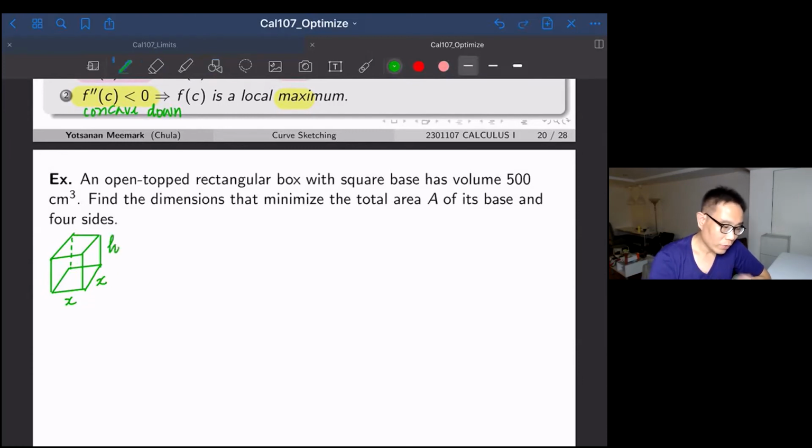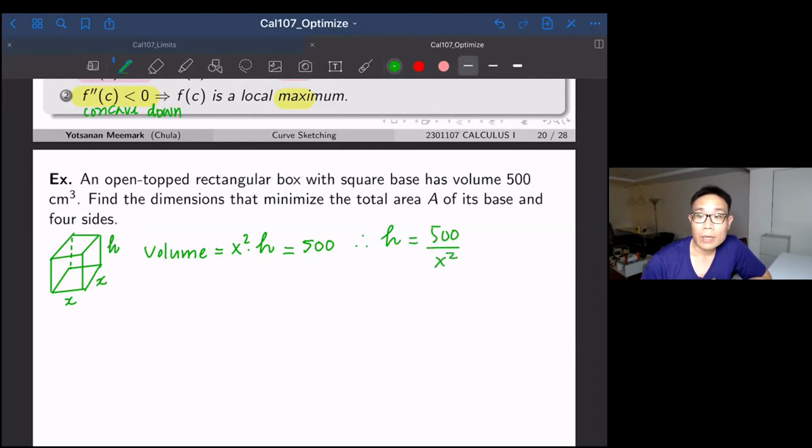So the volume in this case turns out to be x squared, which is the base, multiplied by the height, and this turns out to be 500. So you'll be able to solve for h, which is going to be 500 over x squared.